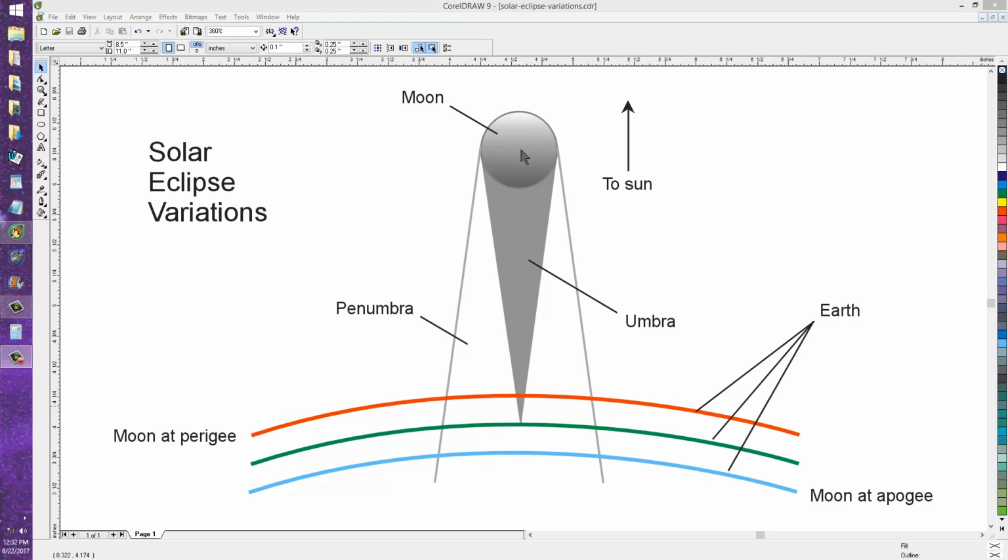So the ideal state of affairs in all respects for a solar eclipse would take place in July, when the Earth is at aphelion, and when the new moon happens to be at perigee.